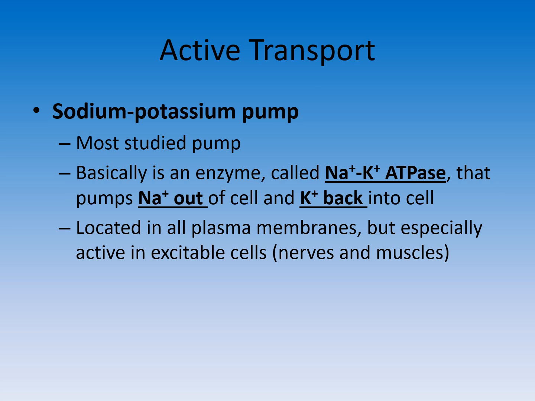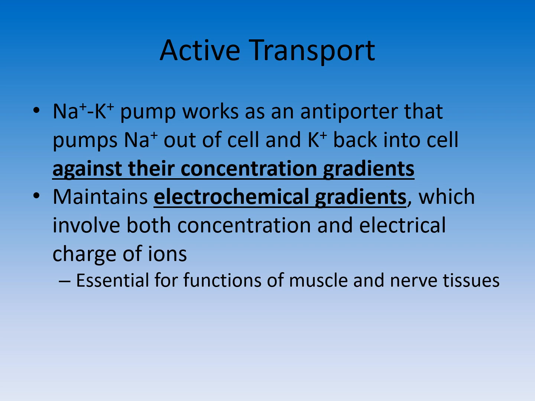And as the sodium is trying to diffuse into the cell, it's going to pump it out. And the potassium that's leaking out of the cell into the environment outside the cell, it's going to pump it back inside. So this is in all of your plasma membranes, with high concentrations in your nerves and your muscles where you have to maintain this gradient.